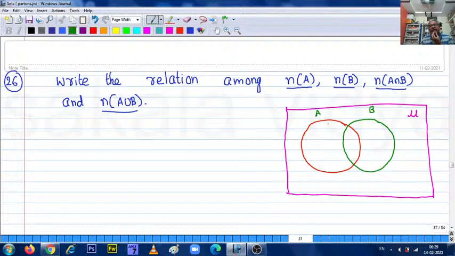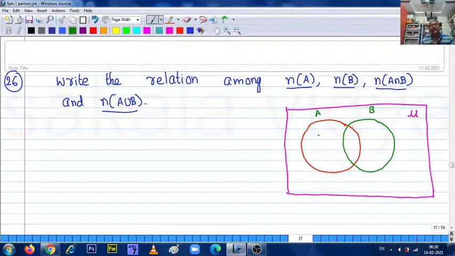This is the A intersection B part. Now how to write n of A union B: n of A union B is equal to n of A plus n of B minus n of A intersection B, you will be getting.